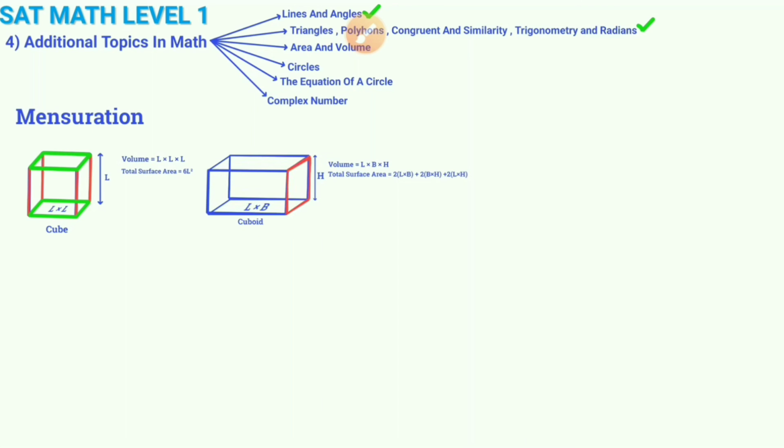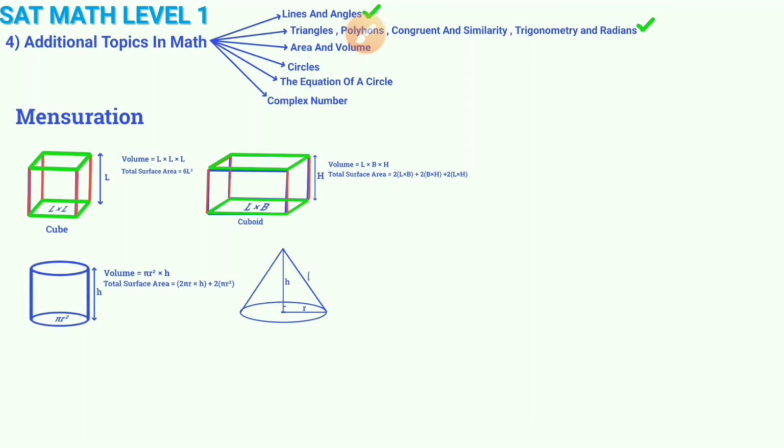The rectangle, cuboid. Finding the volume and the total surface area. The cylinder. Finding the volume, the total surface area. The cone. Using Pythagoras theorem to find the value of the slant height, number 1, and then finding the volume and the total surface area.